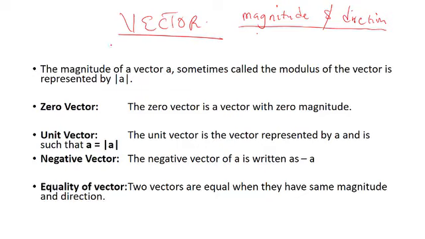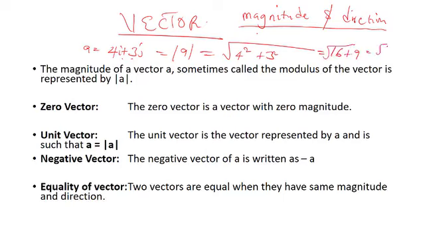So if we have a vector 4i plus 3j, let's say a, the magnitude can be represented as the absolute value of a, which is the same thing as the square root of 4 squared plus 3 squared, which is the square root of 16 plus 9, which is the square root of 25, which is equal to 5.